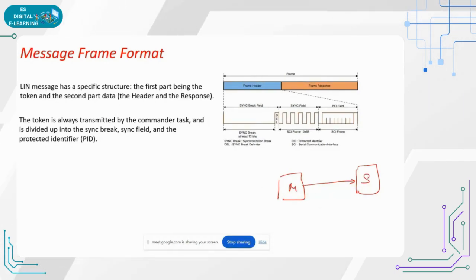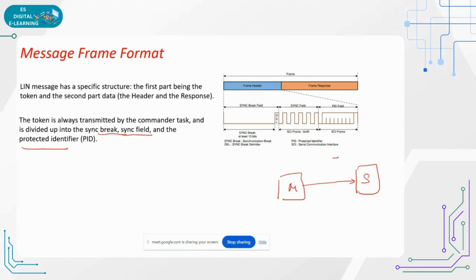For requesting the token, it follows the sync break, sync field, and the PID. PID is the protected identifier, which means the ID. It is specific to the slave we are sending the data to. So that is the detailed information.